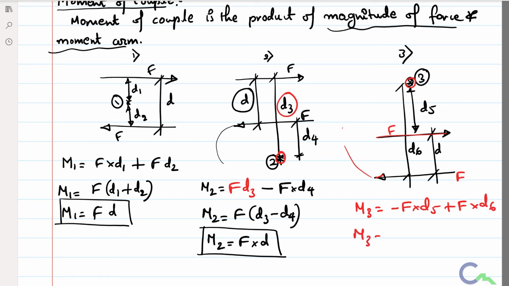So M3 is equal to, I will take F common, that is (d6 minus d5). Therefore M3 is equal to F into (d6 minus d5), we will call it d, that is the moment arm. It is the product of the magnitude of the force and the moment arm. So in three examples, I explained why the moment of a couple is the magnitude of the force times the moment arm.